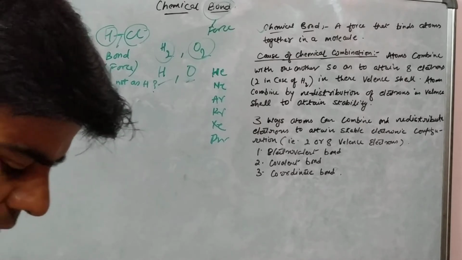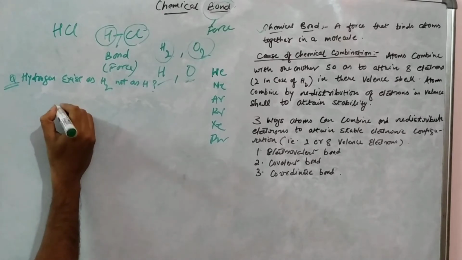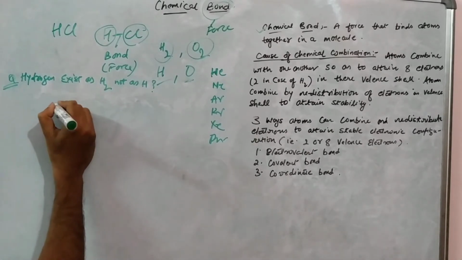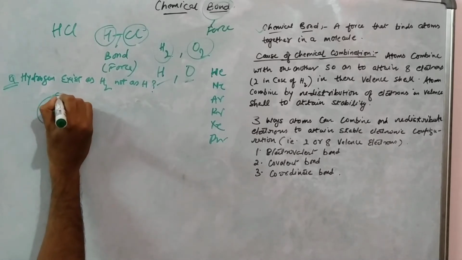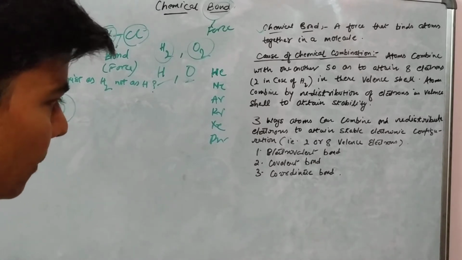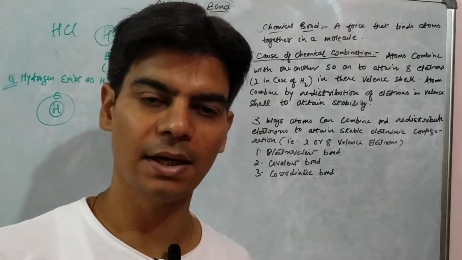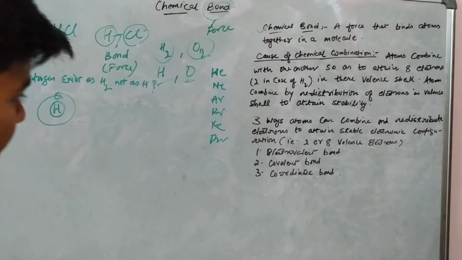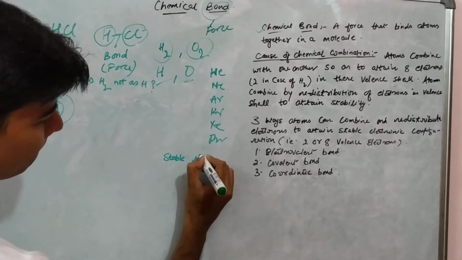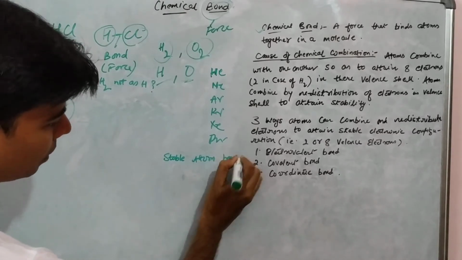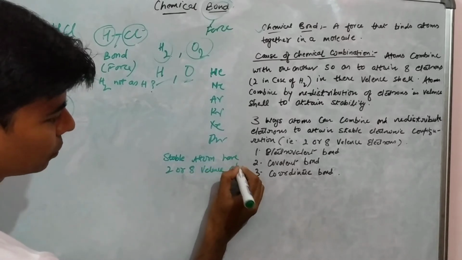We know that hydrogen has 1 electron in its outermost shell. And we said that stable atoms have 2 or 8 valence electrons.